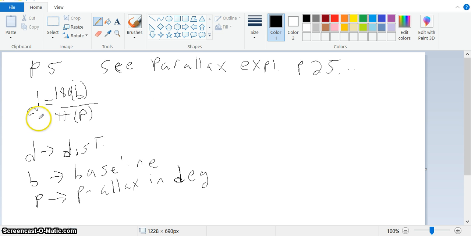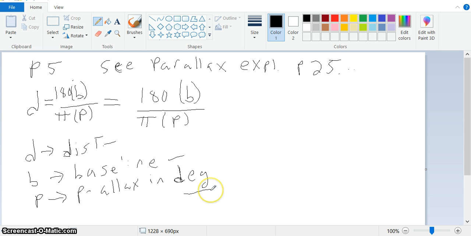So the general equation is D is equal to 180 times the baseline, divided by pi times the parallax, where D is the distance, B is the baseline, and P is the parallax.